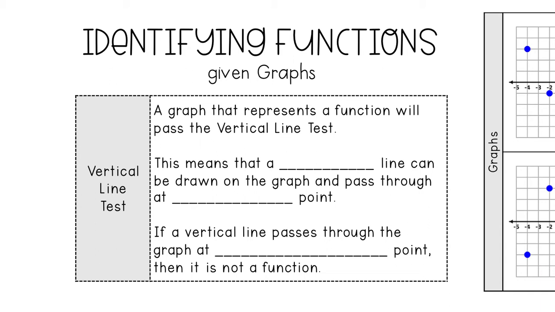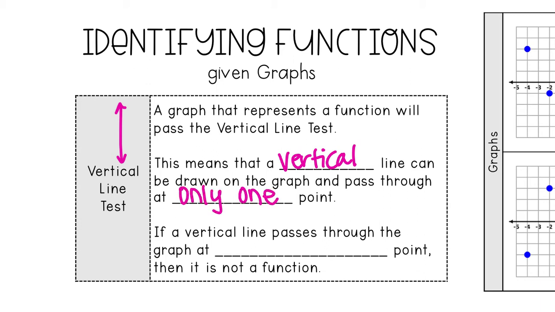So this means that a vertical line, so vertical means up and down, so like this, can be drawn on the graph, and it's going to pass through at only one point.